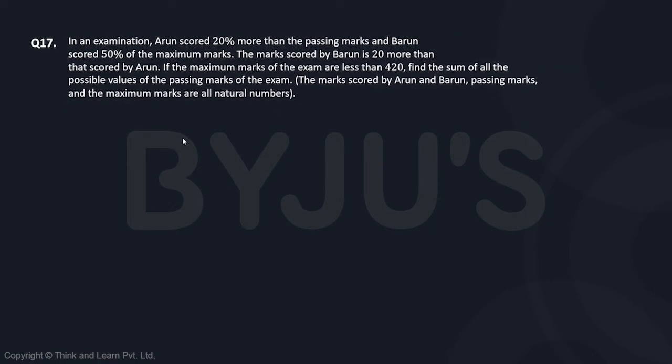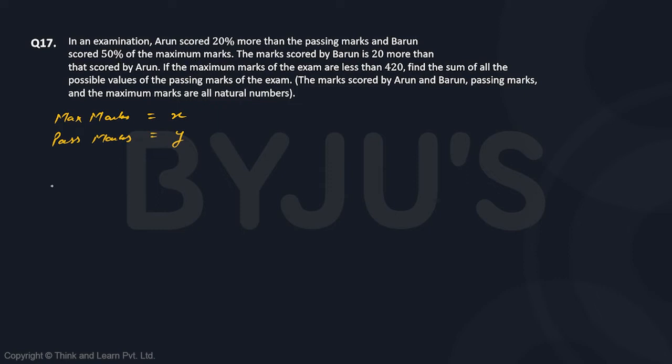So let's first of all start with the very basic thing of this question. So assuming the maximum marks as x and the passing marks as y. Now, the question says that Arun scored 20% more than the passing marks, but Barun scored 50% of the maximum marks.